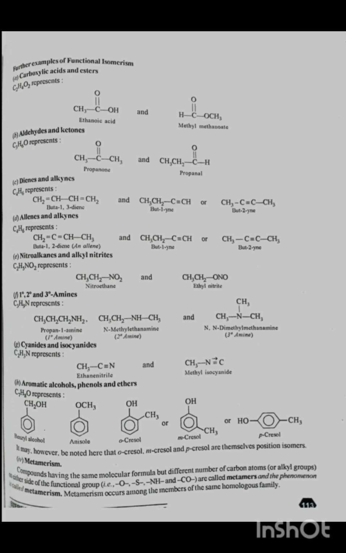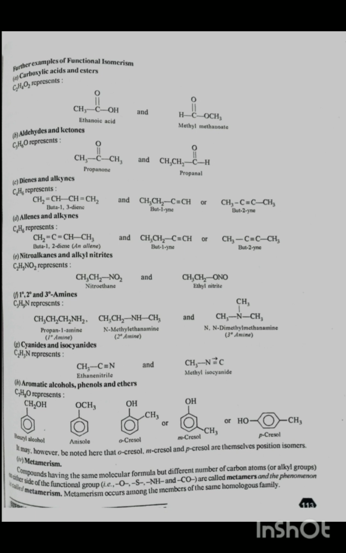F. First, second and third amines. C3H9N represents propan-1-amine, a first amine, N-methylethanamine, a second amine, and N,N-dimethylmethanamine, a third amine. G. Cyanides and isocyanides. C2H3N represents ethanenitrile and methyl isocyanide.